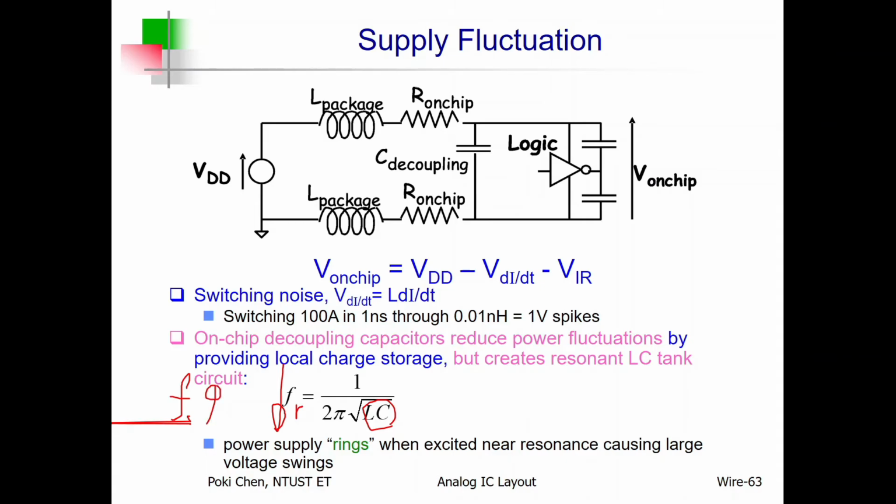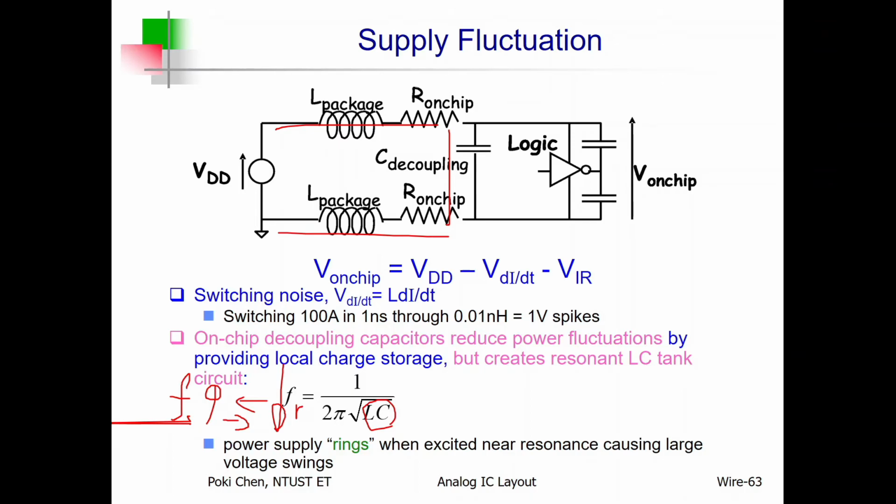So it means they become much closer to each other than before. So more likely, your VDD and ground will resonate according to such kind of LC tank. All right, you need to be very careful.